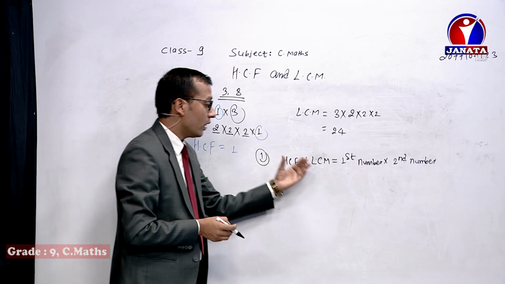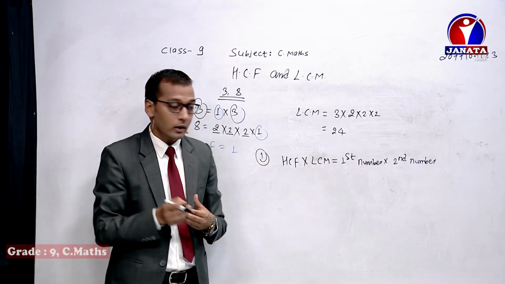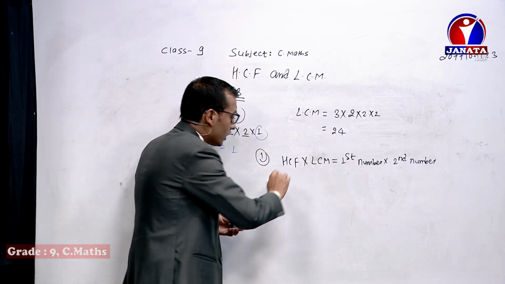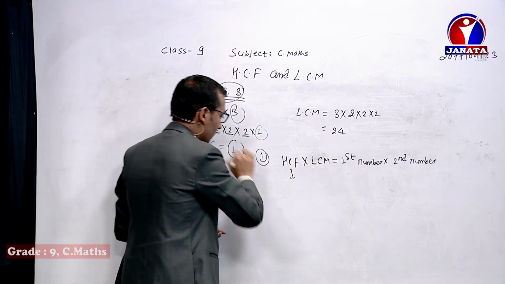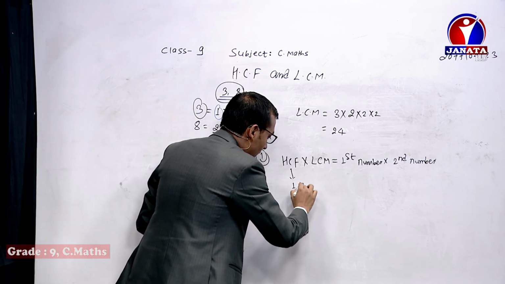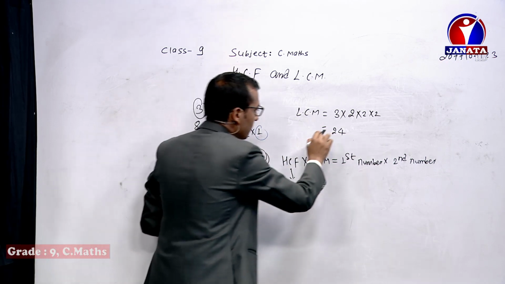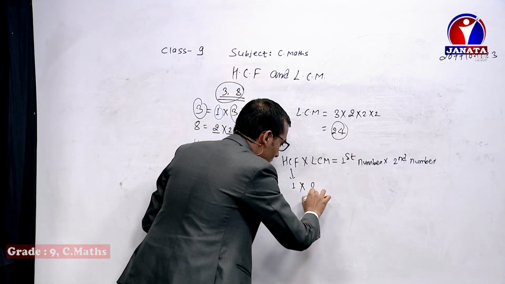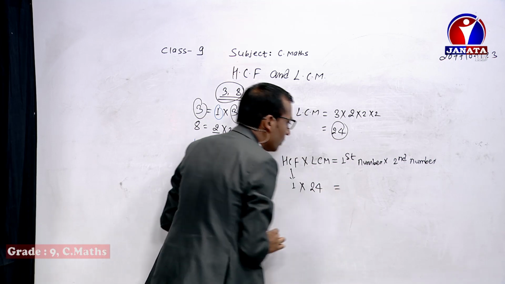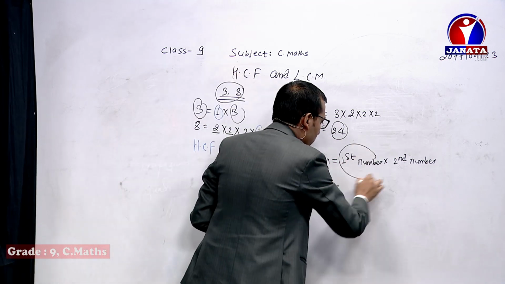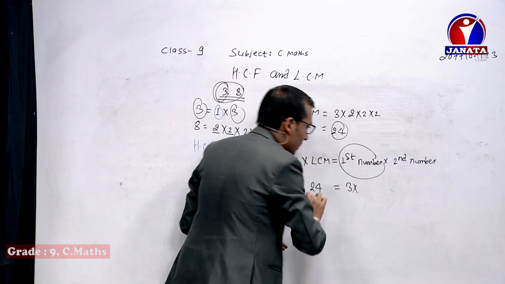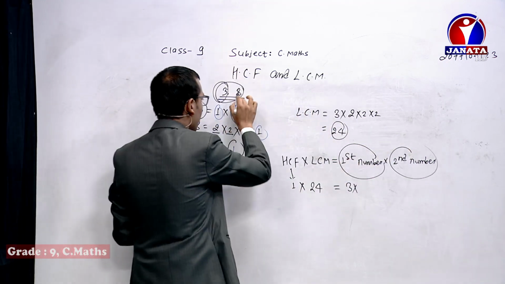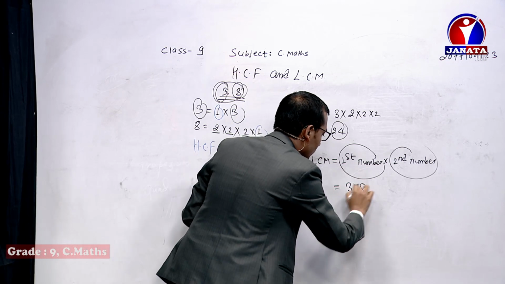We can verify this relation with the help of the same example. In this example, what is HCF? 1, times LCM, which is 24, is equal to the first number, 3, times the second number, 8.